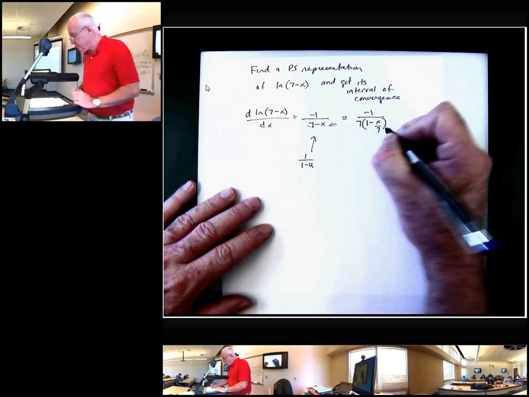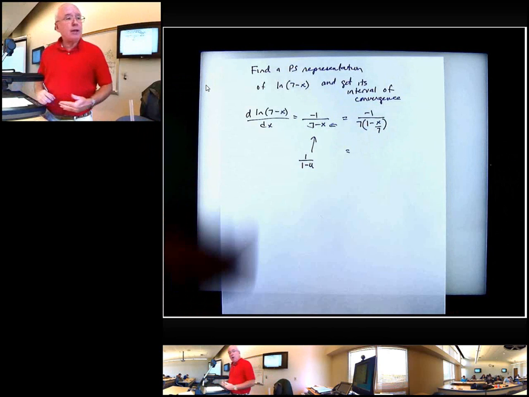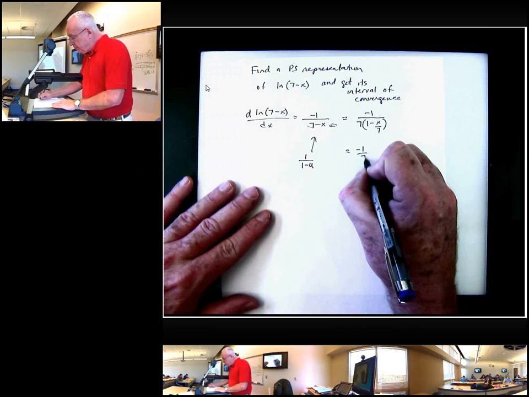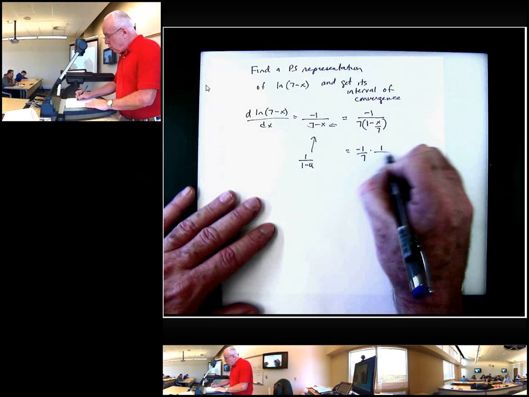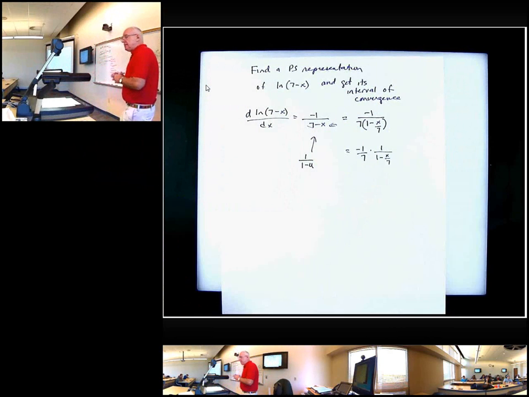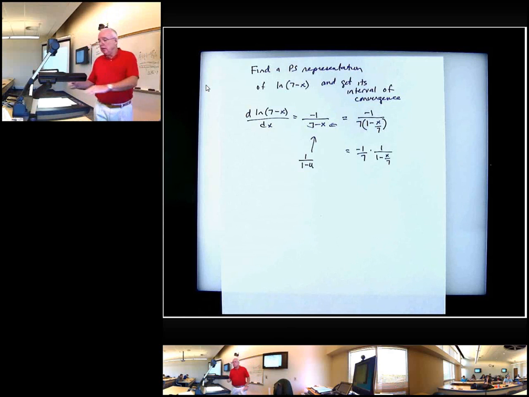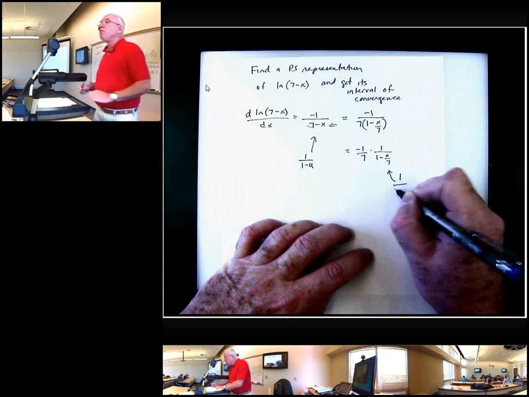All right. So I can rewrite minus 1 over 7 minus x as minus 1 over 7 times 1 over 1 minus x over 7, like that. Kind of separate it apart a little bit. And then this gives me my 1 over 1 minus u format.